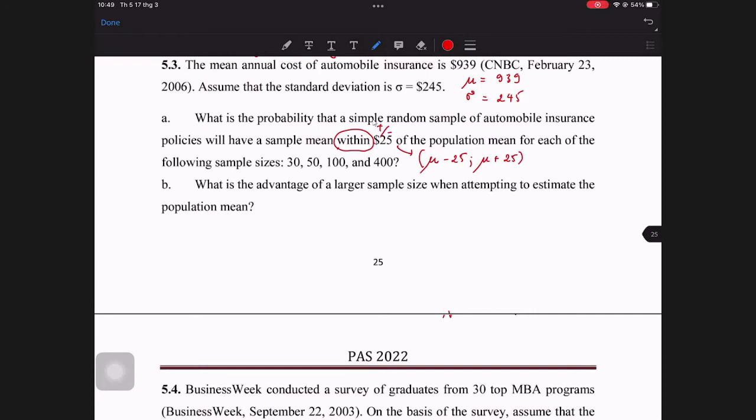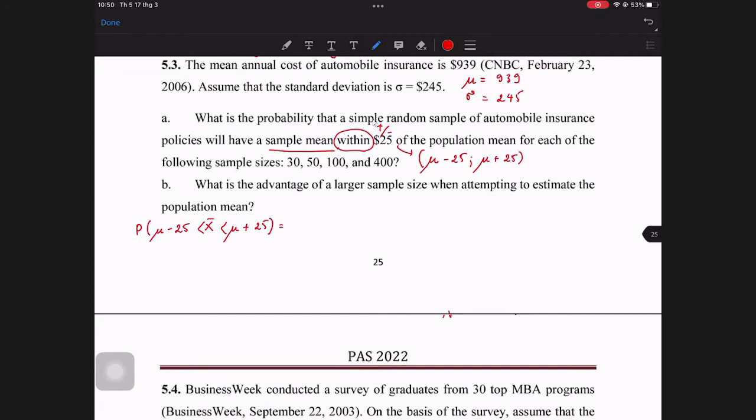So we have to find the probability that X bar, the sample mean, will be within mu minus 25 and mu plus 25. It is the same for the other questions.